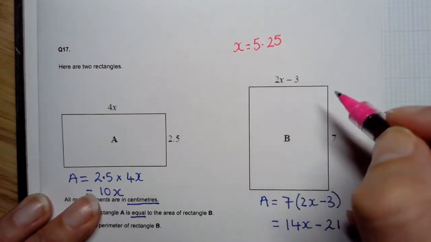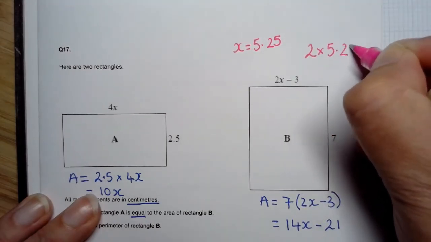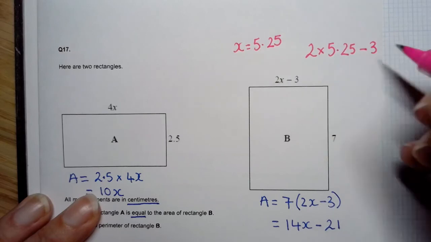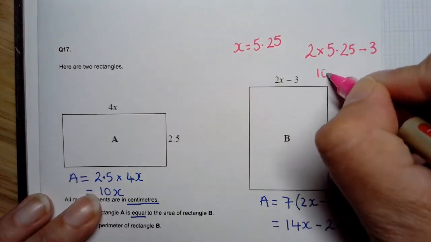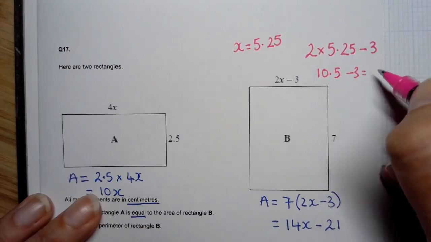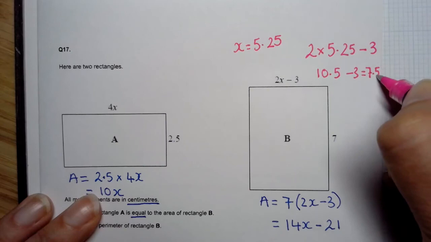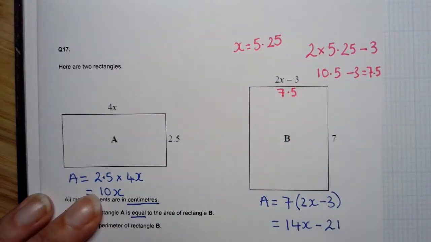So I am going to calculate 2 times 5.25 and then take away 3. If I double 5.25 I get 10.5. And if I take away 3, I get 7.5. So I know that this side length is 7.5.